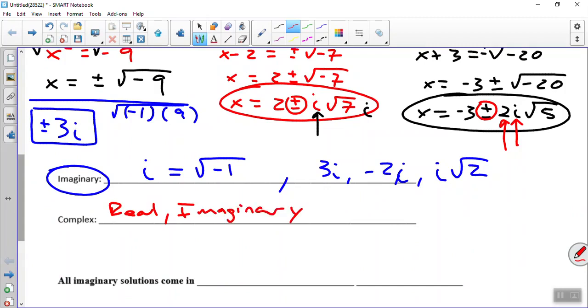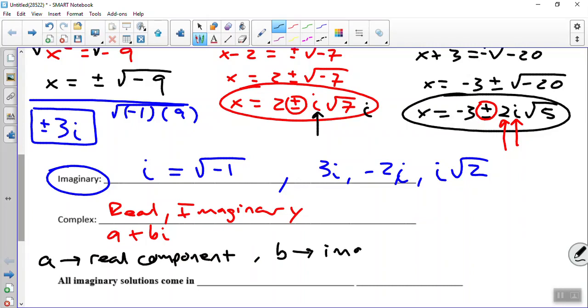You can write them in the form of a plus bi. A is the real component of this number, and b is the imaginary component. You could have numbers like 3 plus 2i.